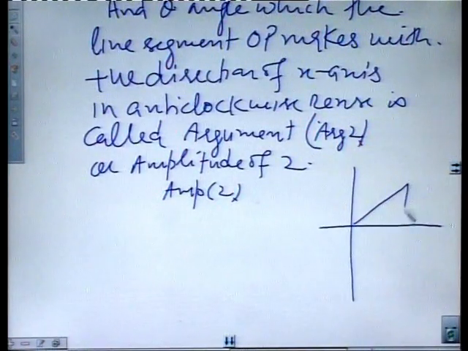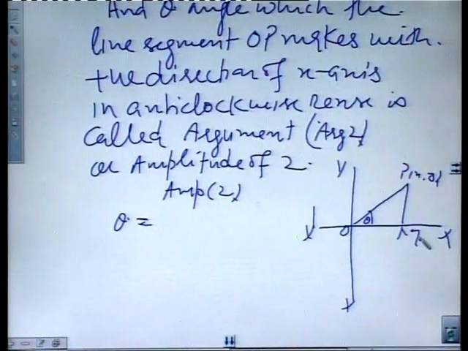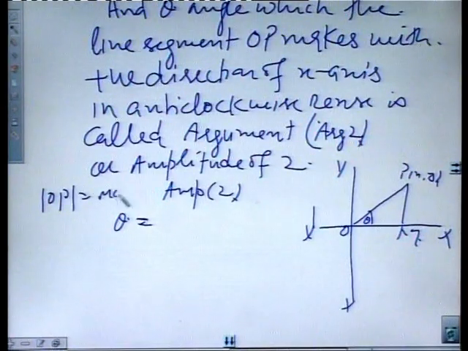So this theta is actually your amplitude. The length of line segment OP is your modulus of z, and this angle theta is amplitude or argument of z.